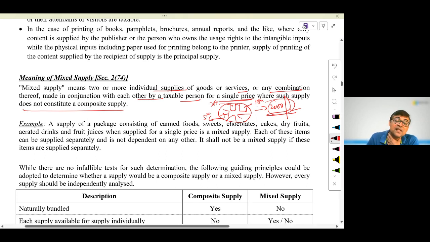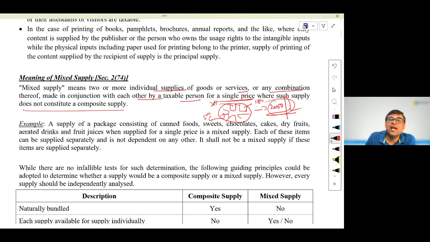Now identify, since this is a bundle, is it naturally bundled? No. Dry fruits, you may get separately. Cold drinks, you may get separately. You may get sweets separately. That means this is not naturally bundled. And out of this, one more thing, one of them should be a principal supply to consider this particular supply as a composite supply.